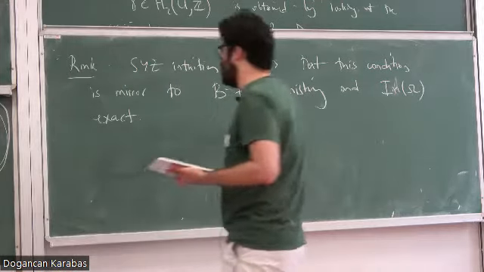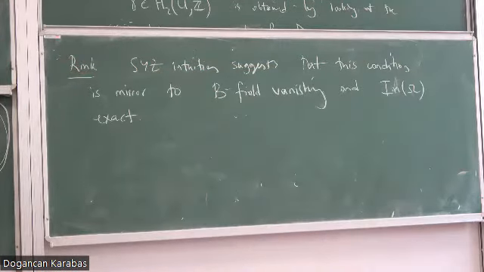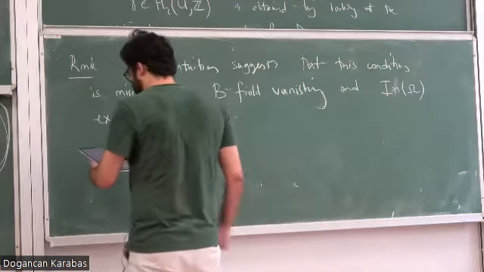Well, actually, the second part is trivial to see, because these periods should only be integral, so their imaginary parts should vanish. So it vanishes on the entire H2. Okay, so it's exact.